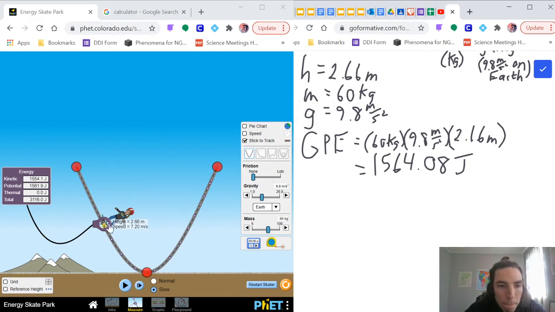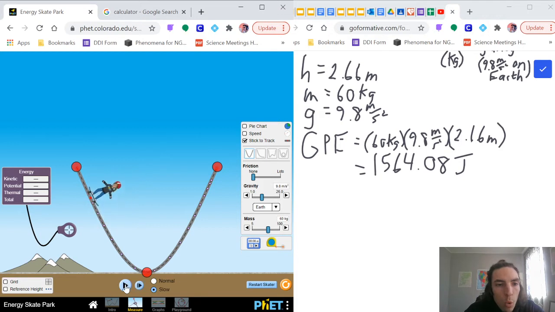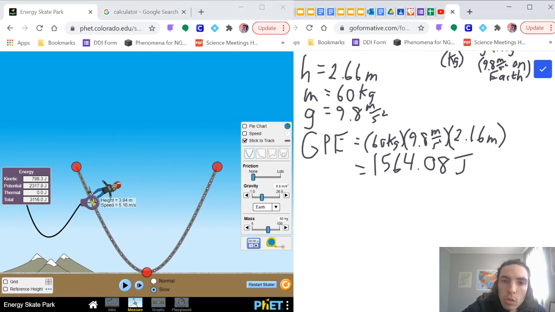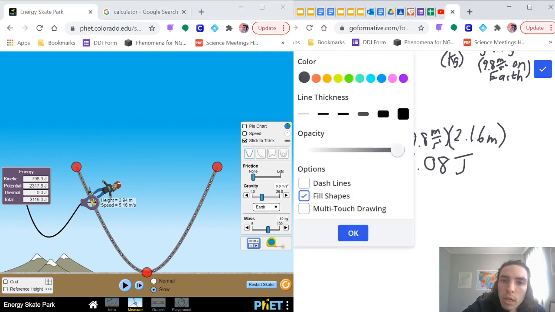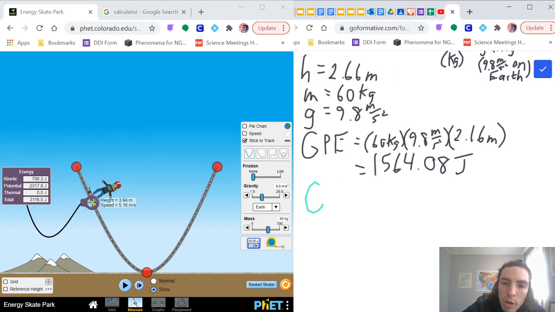So let's say that we want to know how high this skateboarder is going to be when they have, for whatever reason, and in future videos I'll talk about the reasons for some of these things, but for now I'll just go over how to calculate this. Let's say that we know that the gravitational potential energy in this other example is whatever it says here, 2317.8.